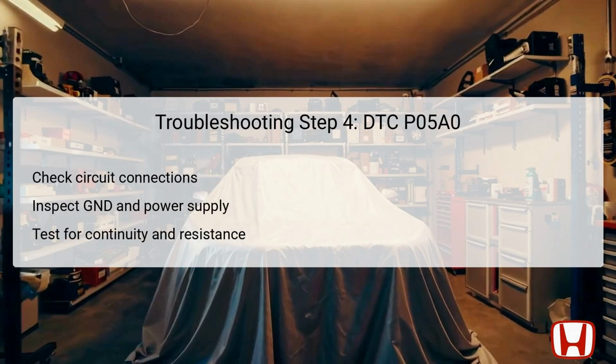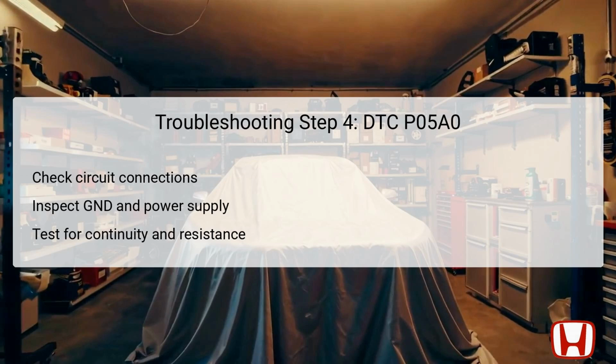The final step in troubleshooting DTC P05A0 involves conducting a thorough circuit inspection. This includes checking the connections, particularly the shutter grille connector, for any signs of corrosion, damage, or loose terminals that may affect electrical flow.